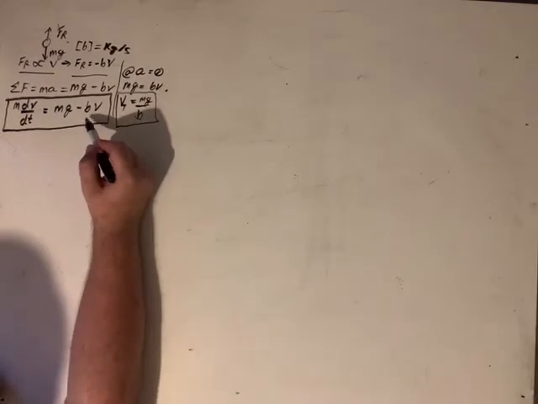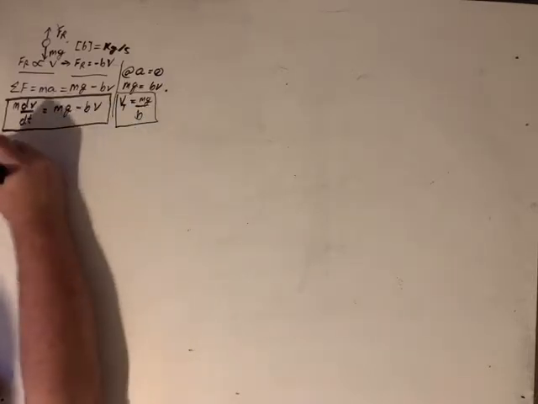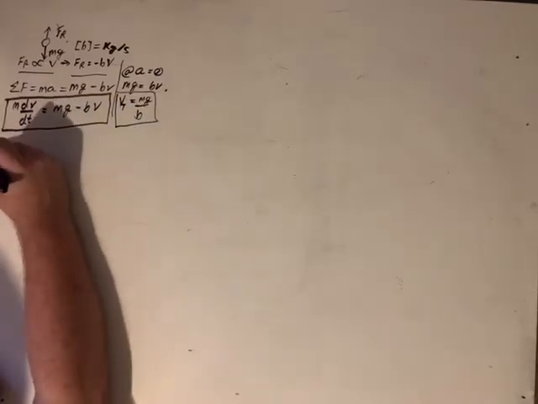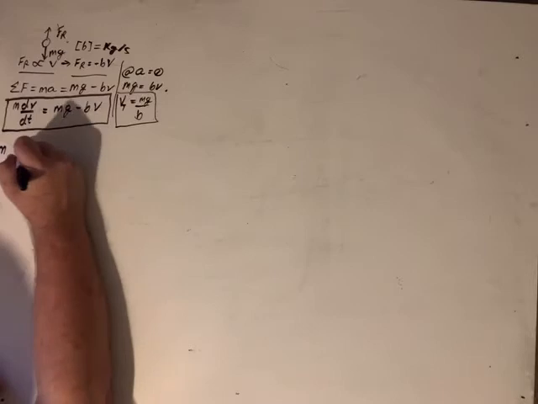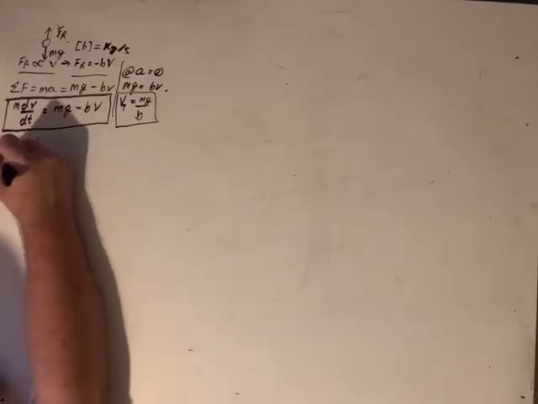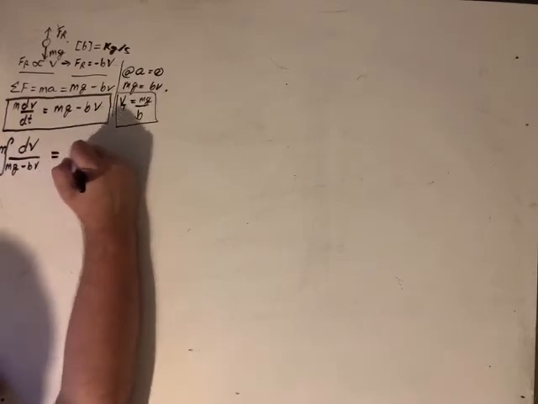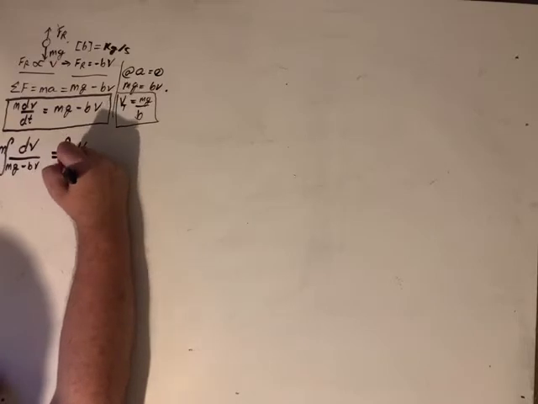So we can approach integrating this problem right here the same way we did before. We're going to go through separation of variables. So I'm going to write this as m dv, and I'm going to get all the terms with v on one side of the equation, and I'm going to integrate that side, and all the terms with t on the other side of the equation.